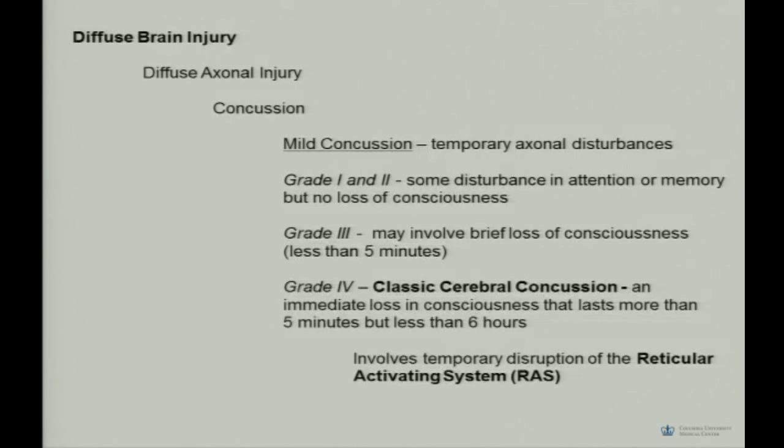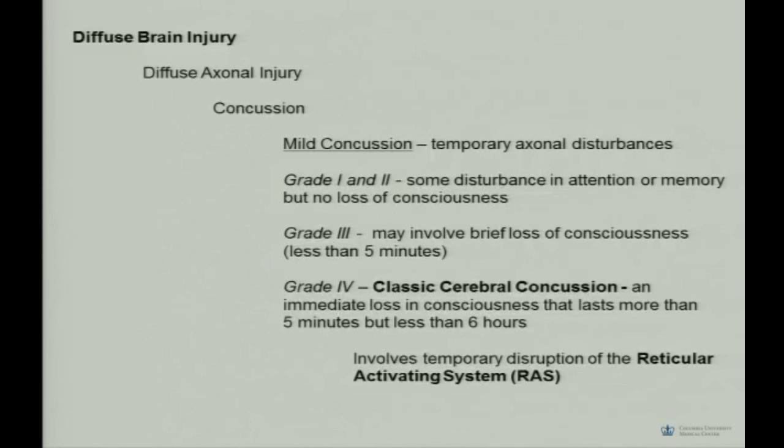So concussions can vary from extremely mild to more severe, and we grade concussions on a scale of 1 to 4. A very, very mild concussion really represents a temporary axonal disturbance, right?